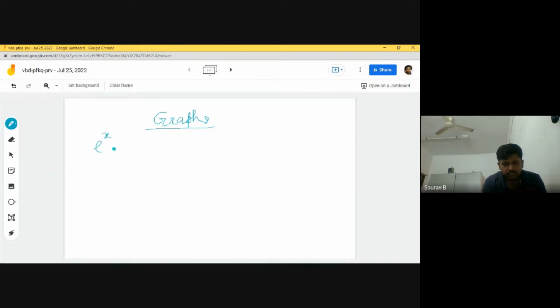First of all, these functions we will be discussing: e to the power x, then log x to the base c, then these are the graphs of sin x, cos x, tan x.